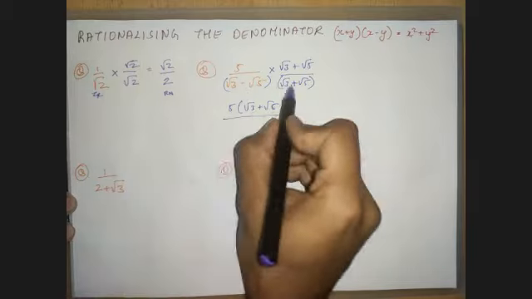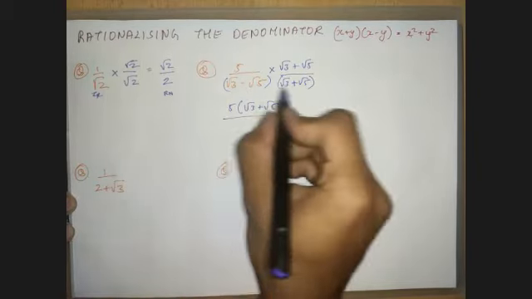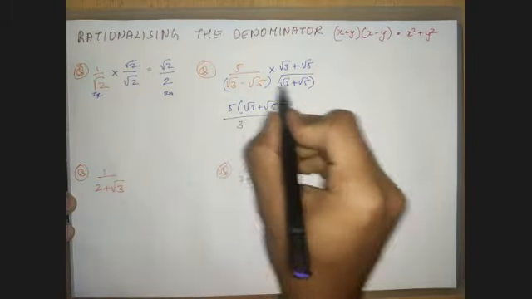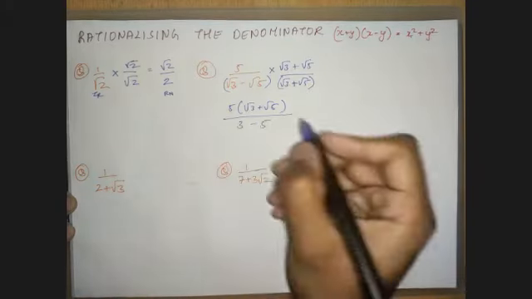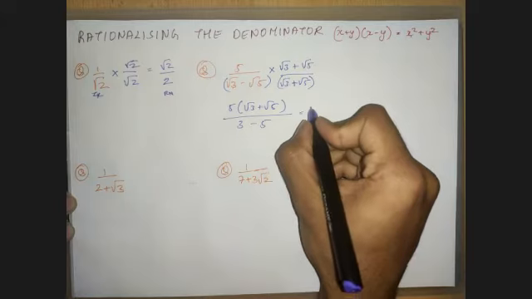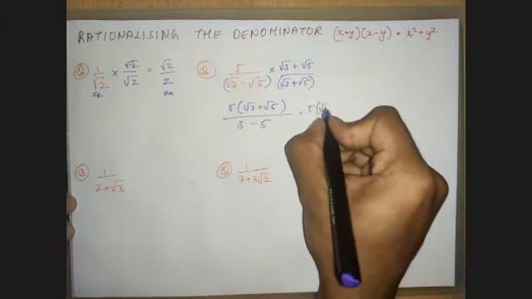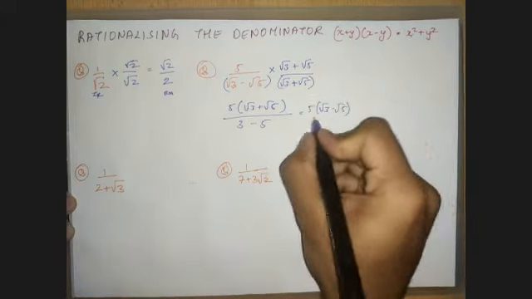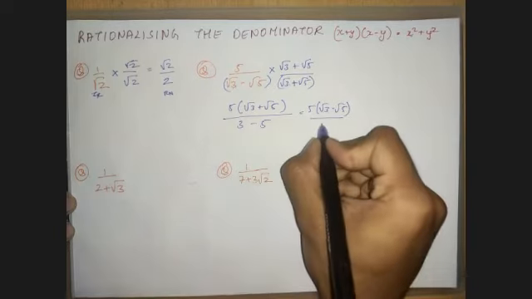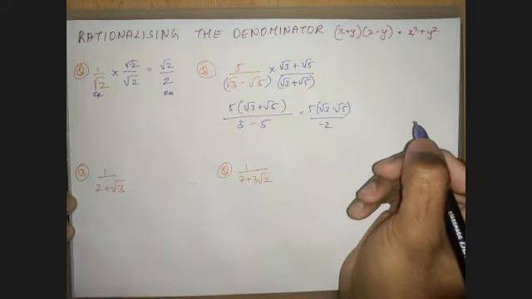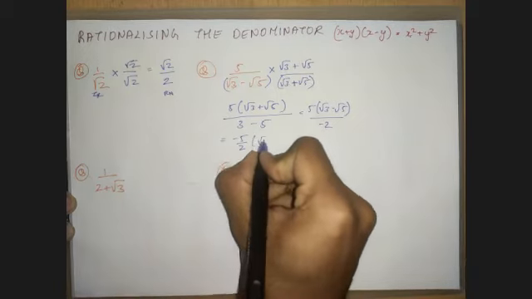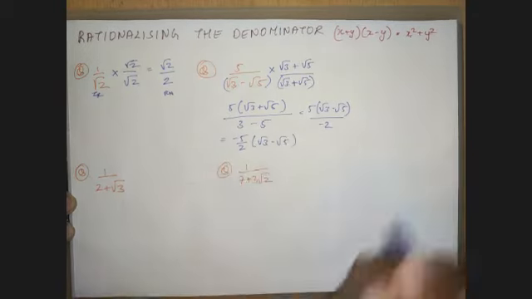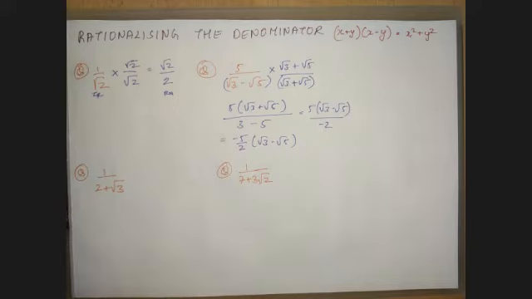So I get root 3 square, that is 3, minus root 5 square, that is minus 5. So I have 5 into root 3 plus root 5 divided by minus 2. Minus 5 by 2 into root 3 plus root 5. Okay.